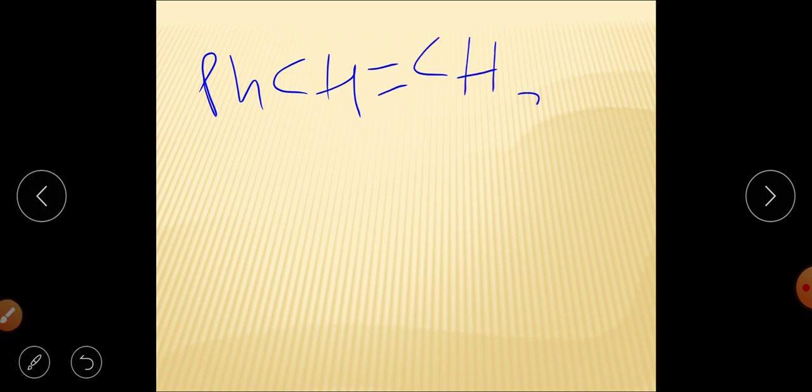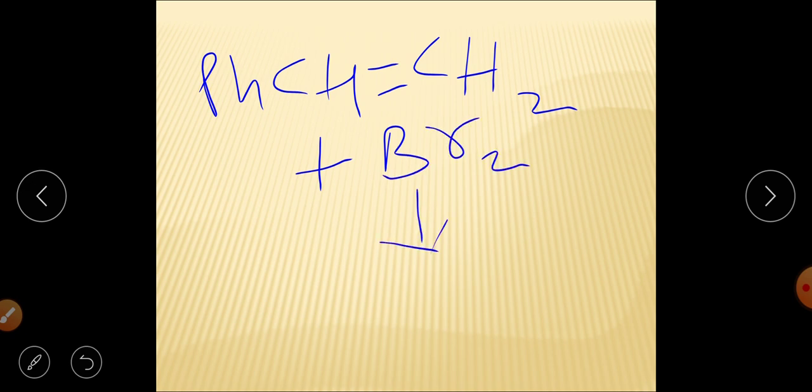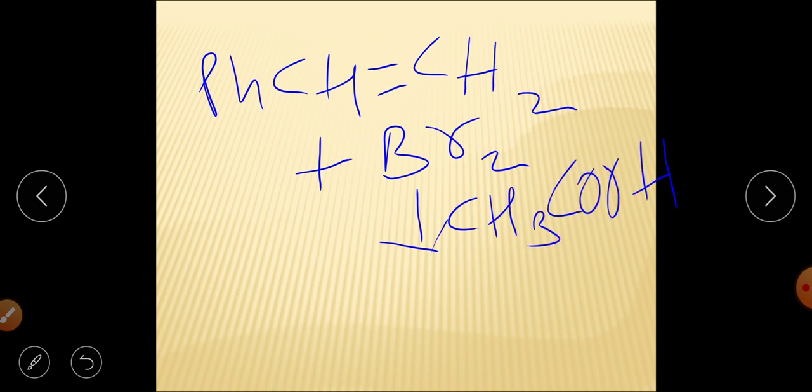You can see that, for example, you are having this substrate, and when this particular substrate is undergoing bromination reaction in the presence of acetic acid, right? So in the presence of acetic acid, what will happen? You will get two different kinds of products in a ratio of 80 to 20%.